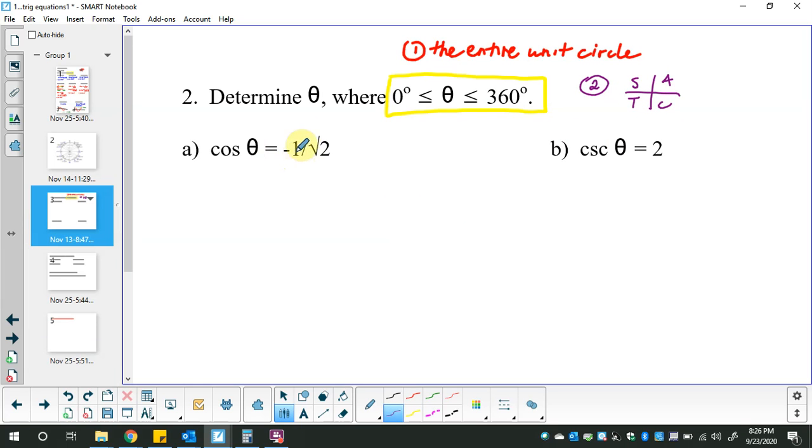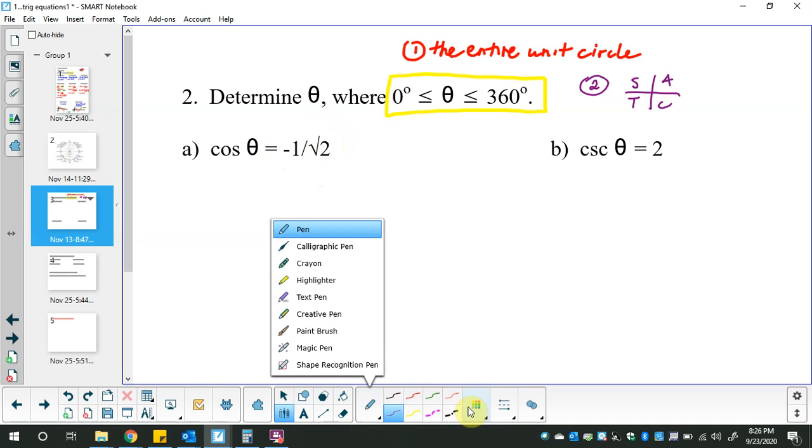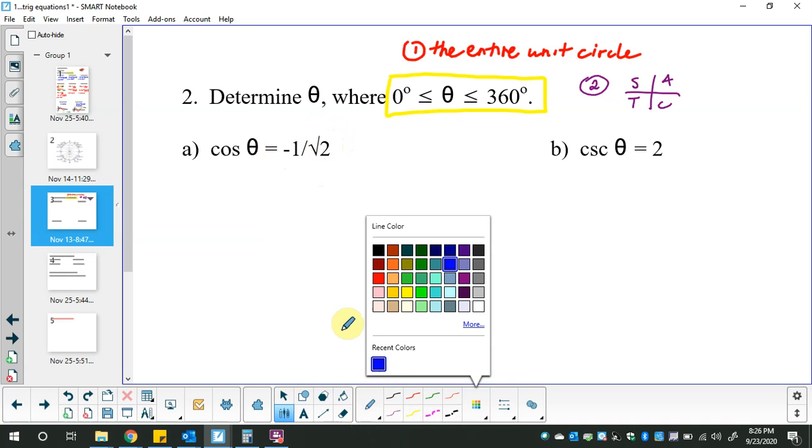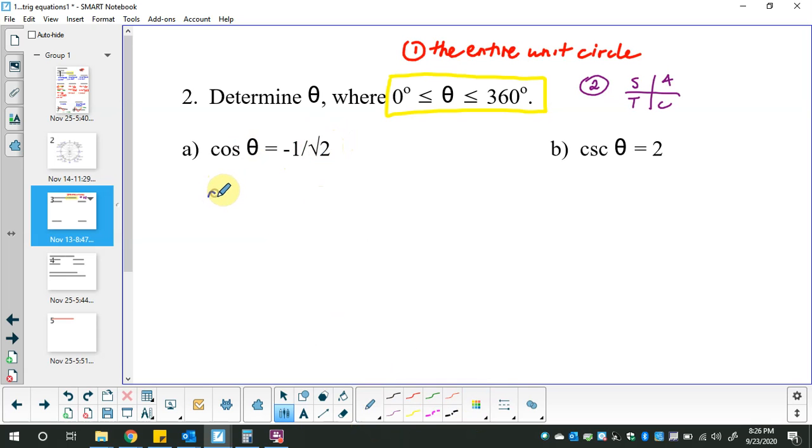So here's a question, and I don't recognize 1/√2 or negative 1/√2 off the unit circle. Or do I? And this is where all the facts that I've given you so far are pretty important. I told you at one point in the last unit that 1/√2 and √2/2 are the same thing.